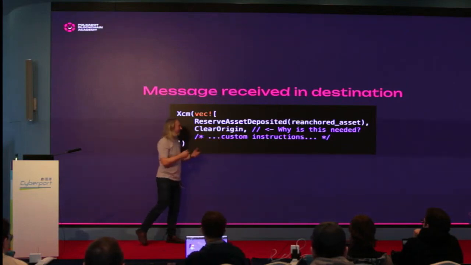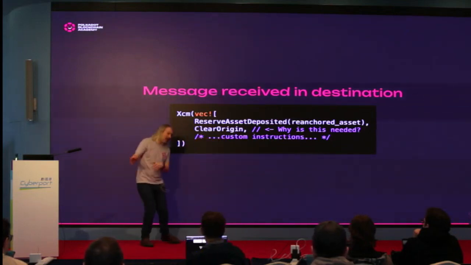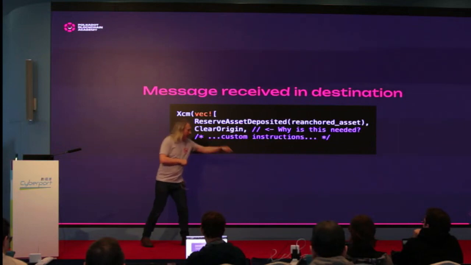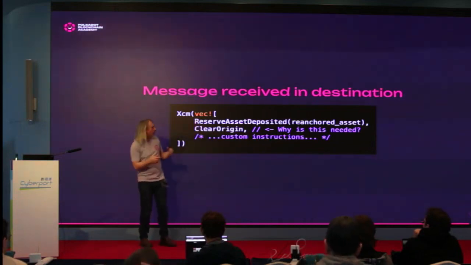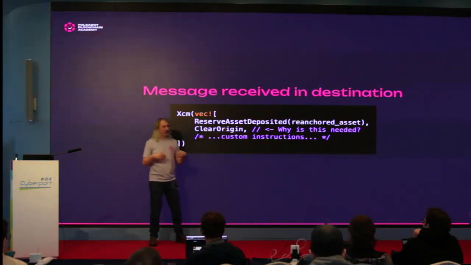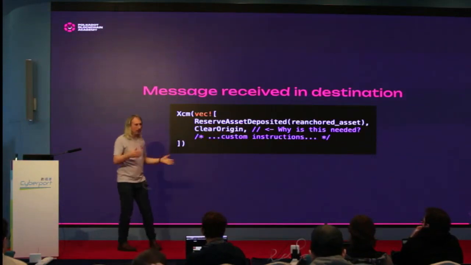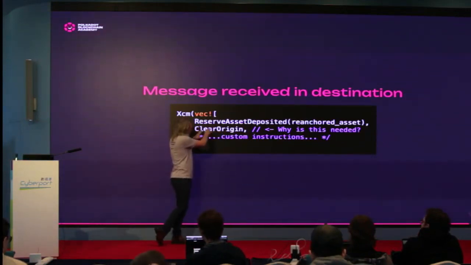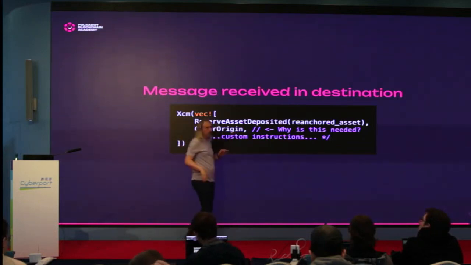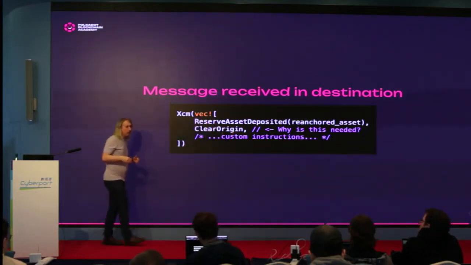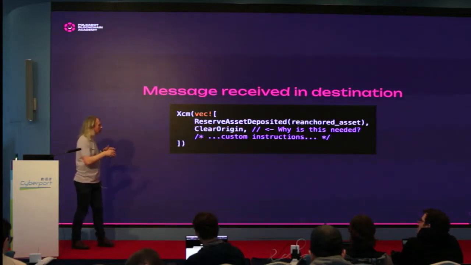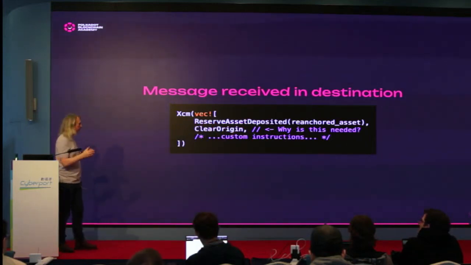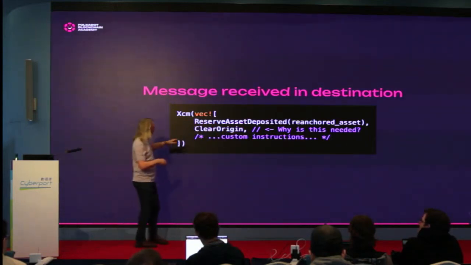And similarly, it can't tell the destination, hey, it's not me, but it's this other sender, because why should the destination trust the reserve to speak for that sender? So all it can do really is clear the origin. As I said before, we might change this into a descend origin, which is slightly better, but it's still not really super helpful, though it might be a little more helpful than no origin at all.